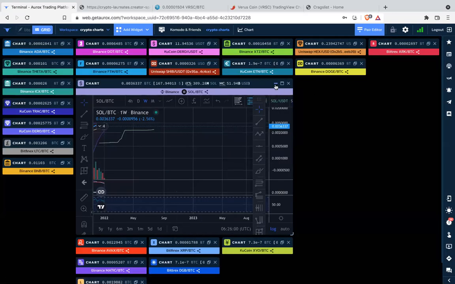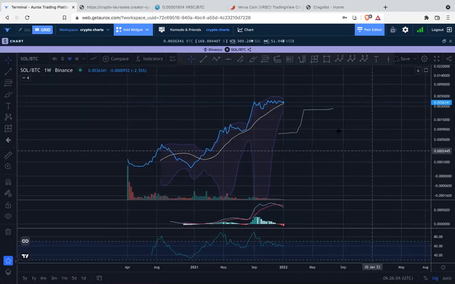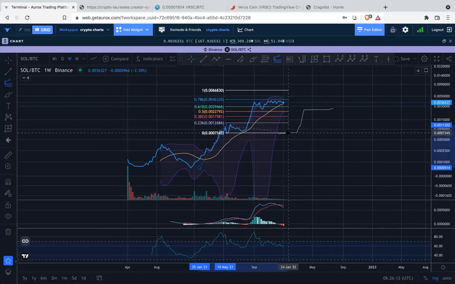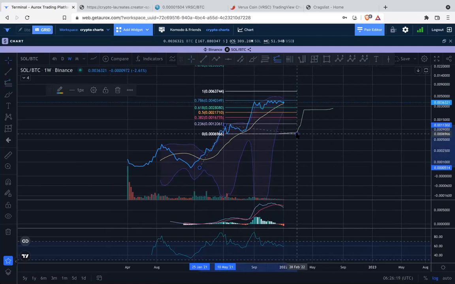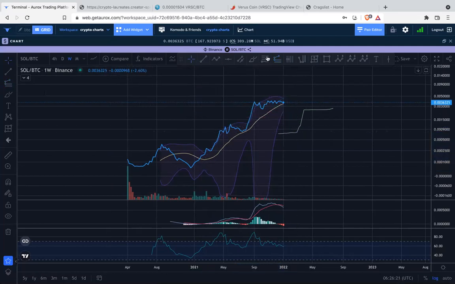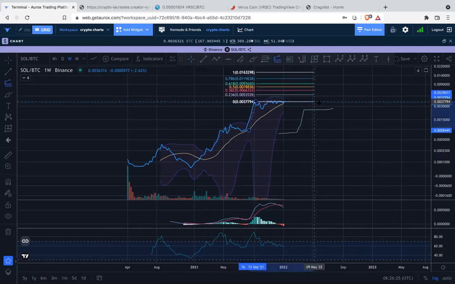And then, well, if you want a potential target, what are we working with here? We're working with, let's say, this wave here, roughly 28.6, and then maybe take this one and extend it.